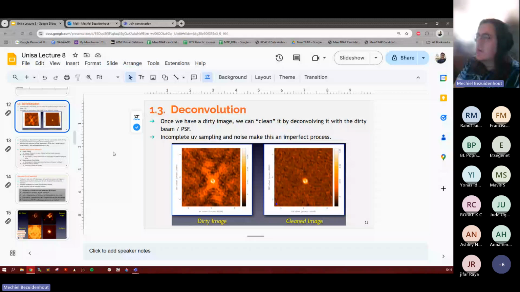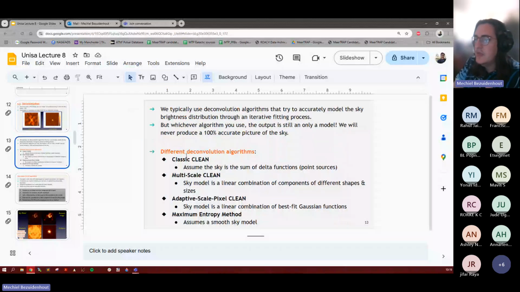You have the dirty image, which is the Fourier transform of the UV samples, and that is a convolution of the clean image with the dirty beam, and the removal of the dirty beam, that is cleaning. And this can be an iterative process, as I showed with the clean algorithm, to iteratively remove that dirty image.